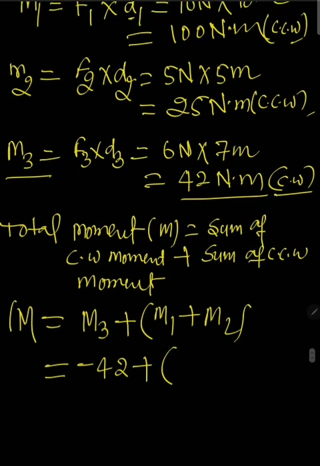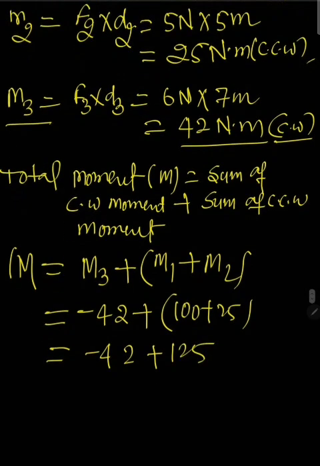So anti-clockwise moment is 125. So minus 42 plus 125. So how much will it come? 83 Newton meter. Here it has come in positive sign.